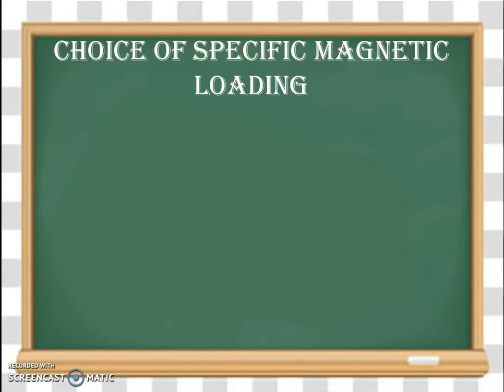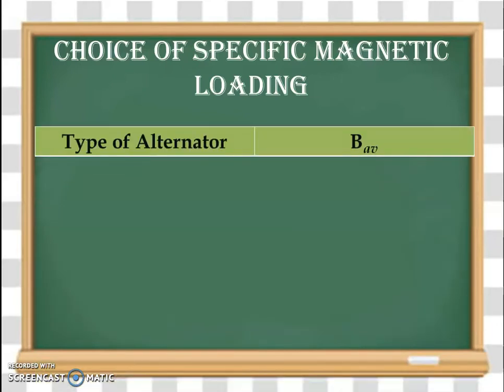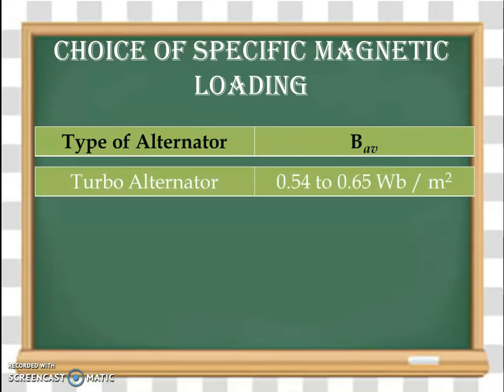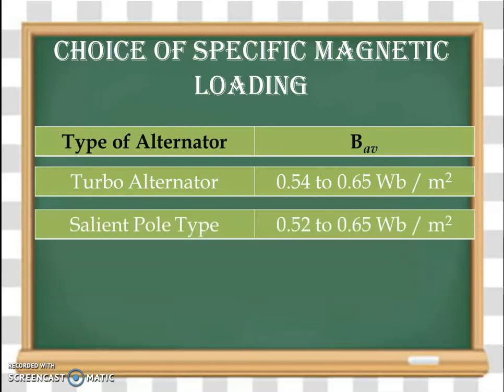Typical values: in case of a turbo alternator, we can go up to 0.54 to 0.65 Weber per meter square average flux density, that is our specific magnetic loading, while in case of a salient pole type of machine, we can go for 0.52 to 0.65 Weber per meter square.